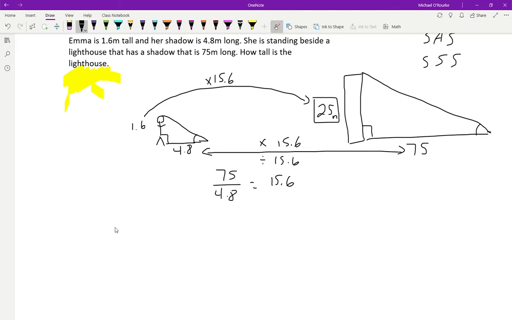And then we write our therefore statement at the very end. Therefore, the lighthouse is 25 meters tall.